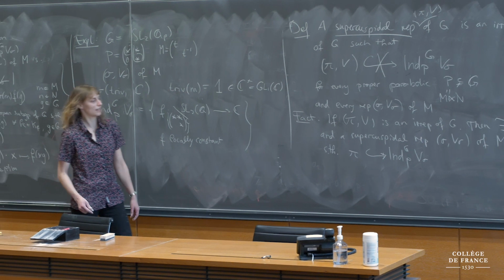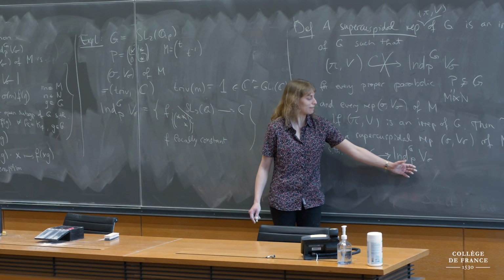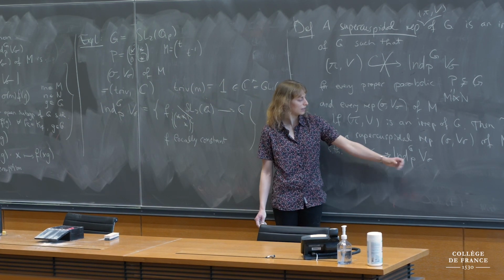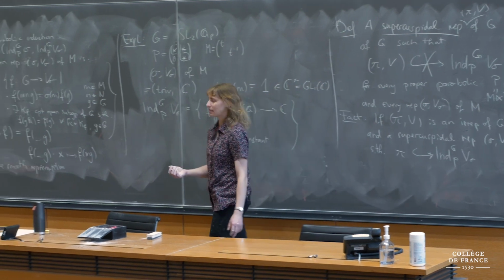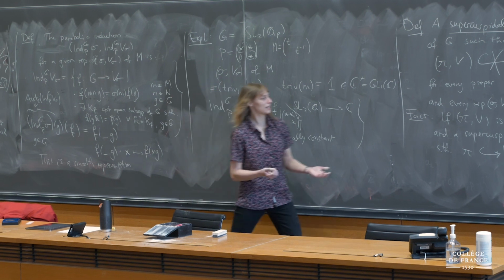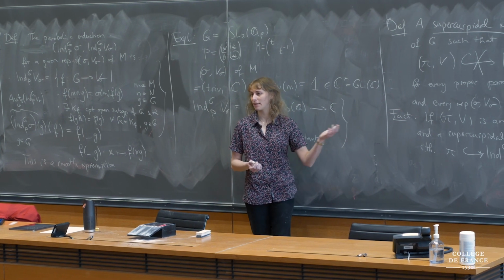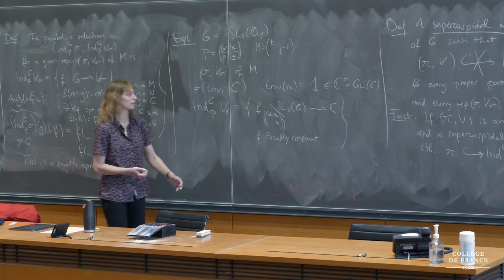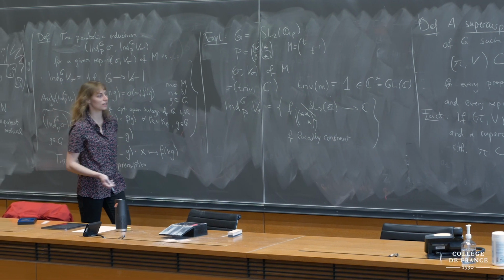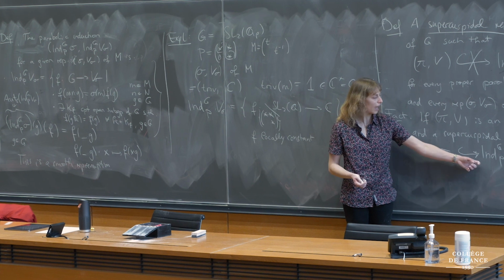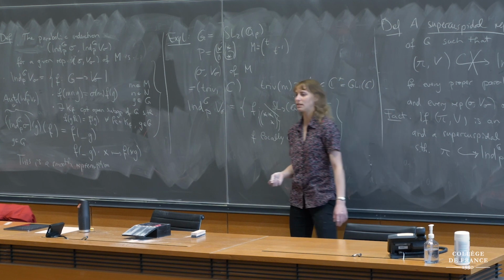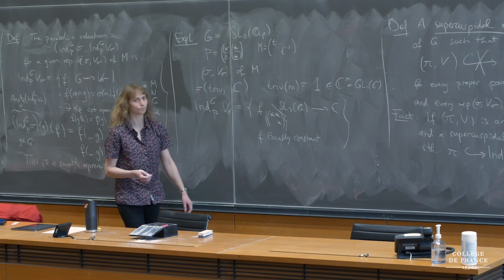So the supercuspals are the ones that don't embed into a proper parabolic induction, but all irreducible representations embed in some parabolic induction. So these supercuspal representations are really the building blocks, and they are now the missing piece. After I've told you we know how to do parabolic induction, the missing piece is really to understand these supercuspal representations, and then to understand how we can parabolically induce from there to get everything.